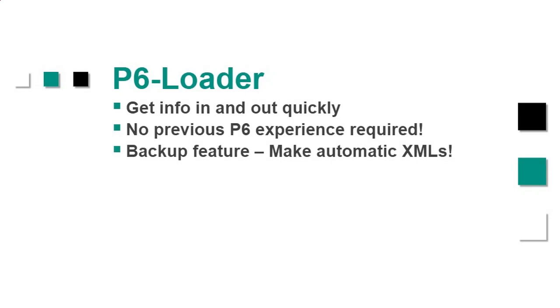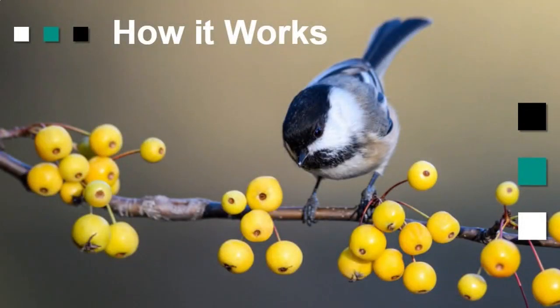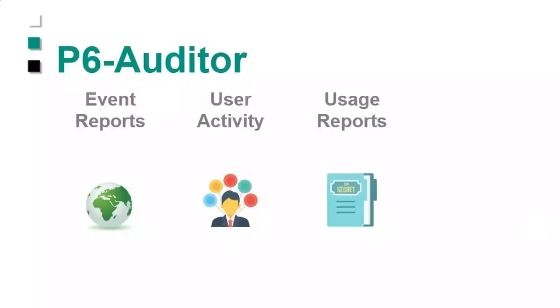Now, just a quick overview on how these different tools that we've built work. We've been using both of them for over 10 years, probably closer to 15, but I can't remember exactly. So, well, over 10 years anyway. So Auditor lets us see what happened, the events, so things like adding, editing, deleting.